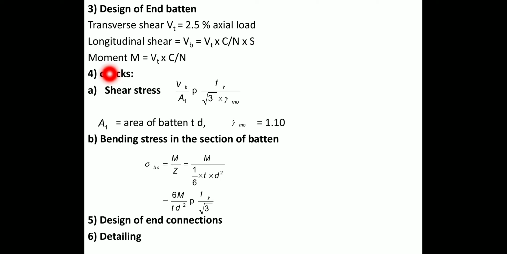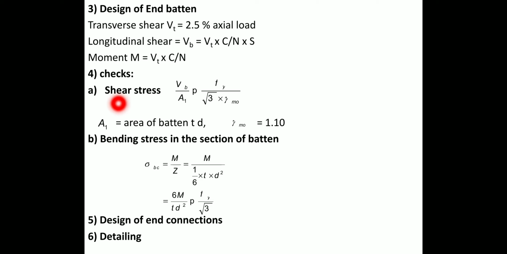Next, the moment is designated by M equal to Vt into C by 2N. Then the fourth point in this design, very important, is that we check the shear stress and bending stress in the section of batten.